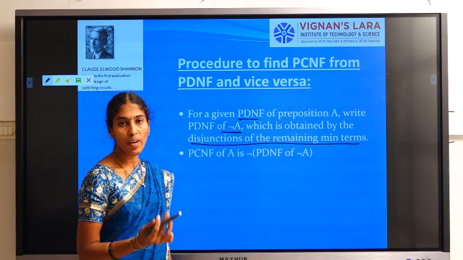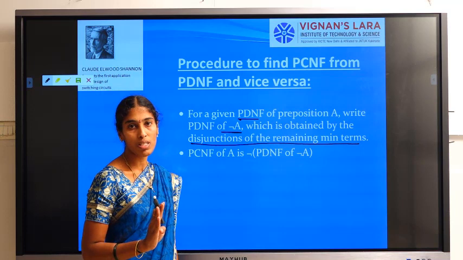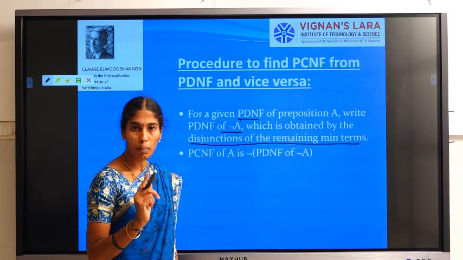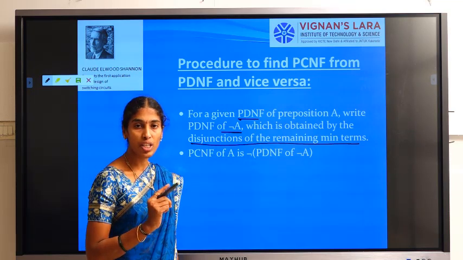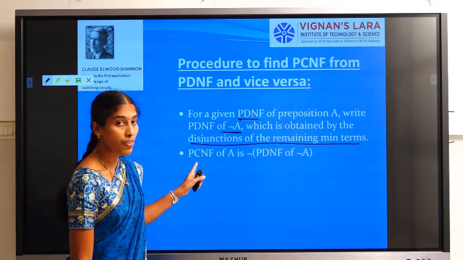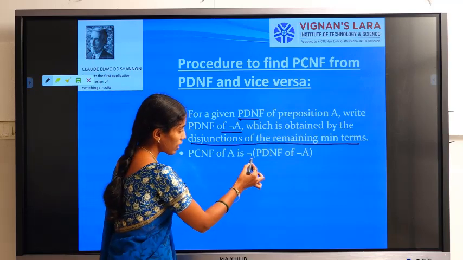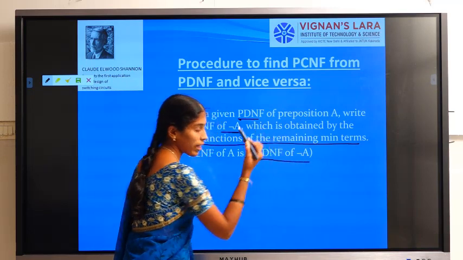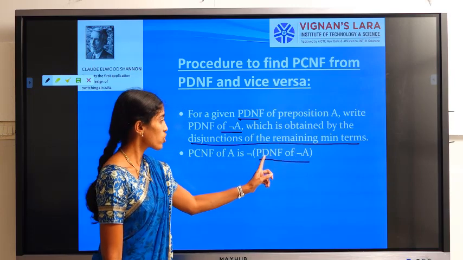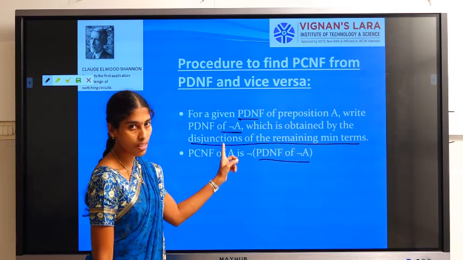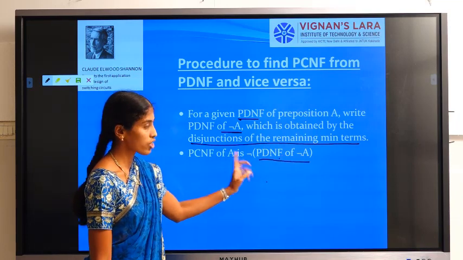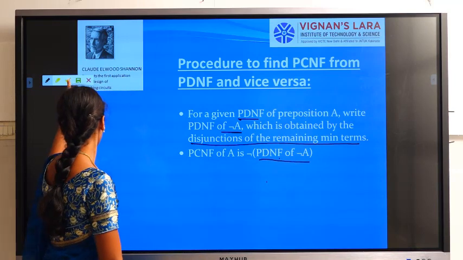Suppose we consider two variables, we have total 4 min terms. Of those 4 min terms, the PDNF of A consists of 1 min term, then the PDNF of negation A consists of the other 3 min terms. So PCNF is obtained by applying negation to the PDNF of negation A. How can we get this negation A PDNF? It is the disjunction of the remaining min terms. For those remaining min terms, we apply negation. Then we will get PCNF.